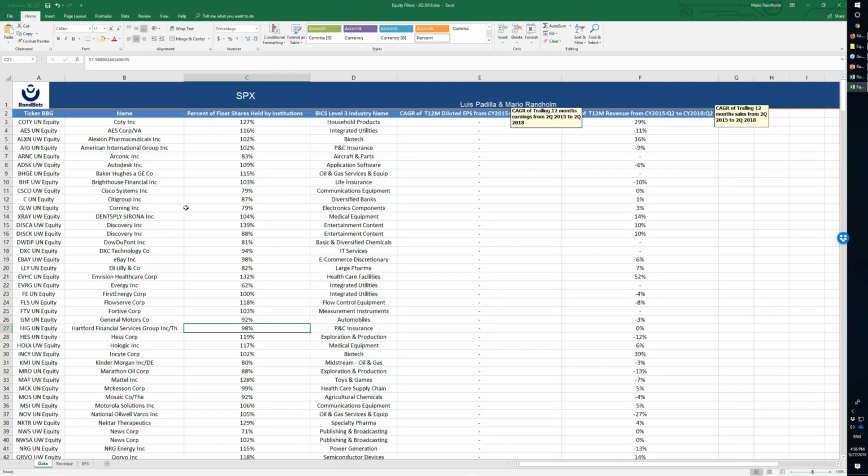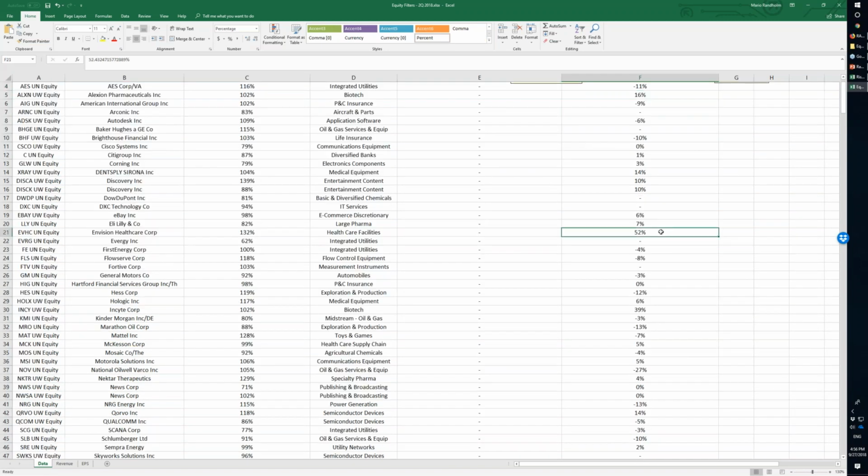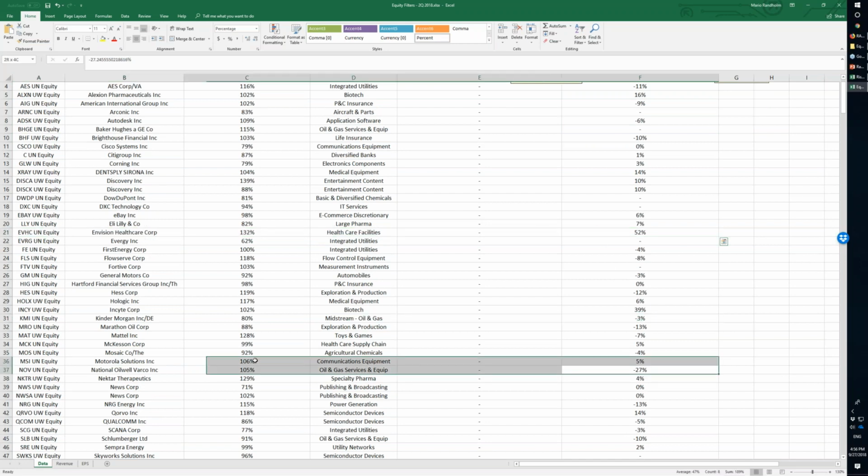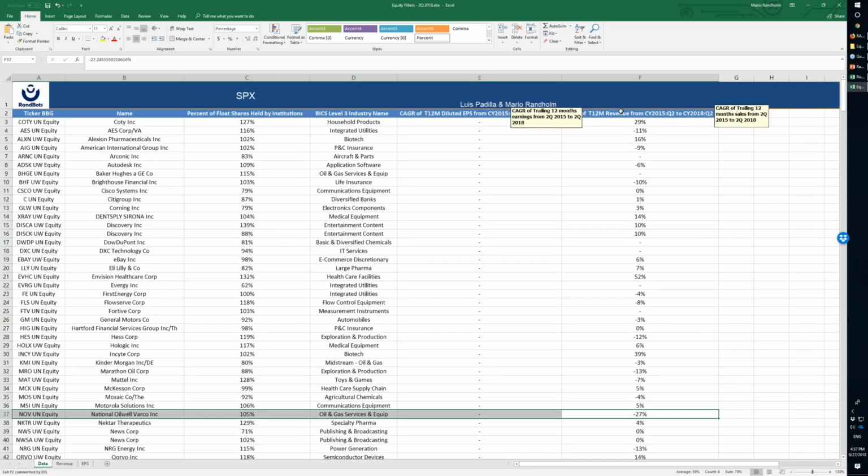So we download this and simply go from companies that are doing very well to companies that are not doing very well. This one, for example, is doing very well on a 3-year basis, down to companies that are not doing very well on a 3-year basis, just looking at the revenue here.